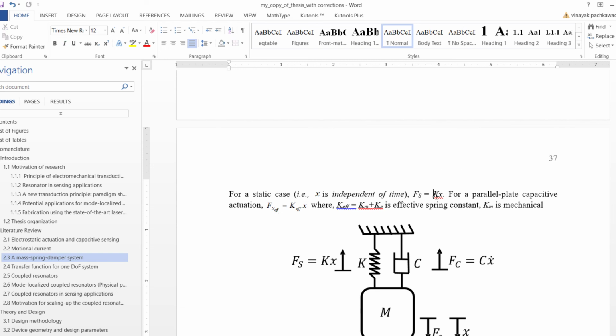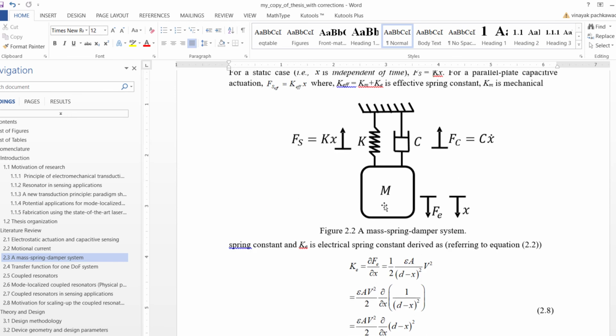Now there is a displacement, so Km becomes K effective. This is basically a Km, as we've seen before. And K effective has the value of Km plus Ke, where Km is the mechanical spring constant in Newton per meter and Ke is an electrical spring constant due to application of the DC voltage into the system.